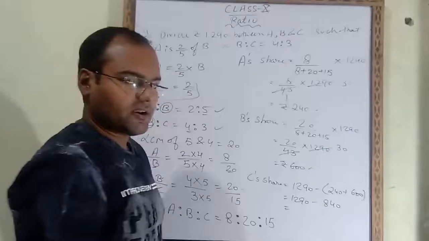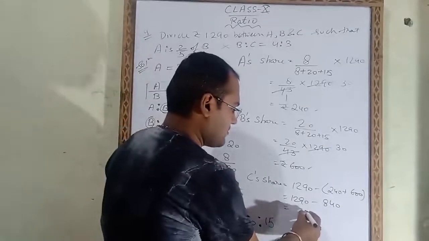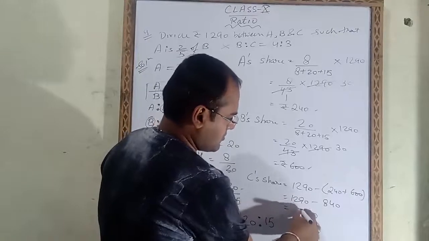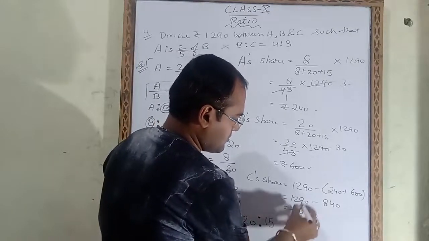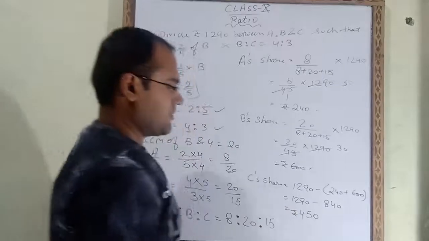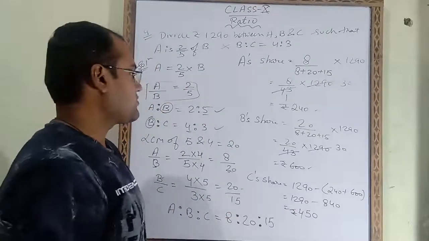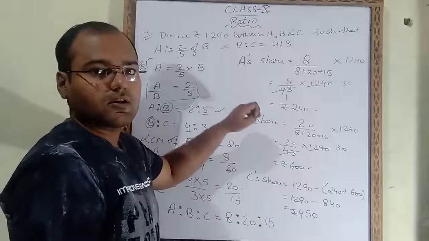Now we will subtract it. The answer will be 450 rupees. So this is the share of C. So like this you have to do question number 9.